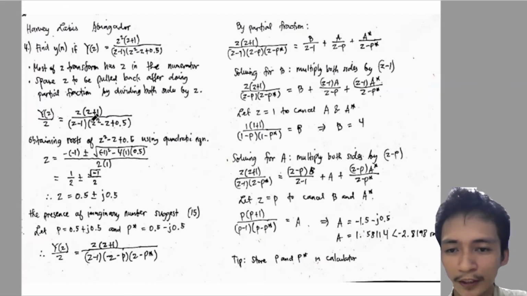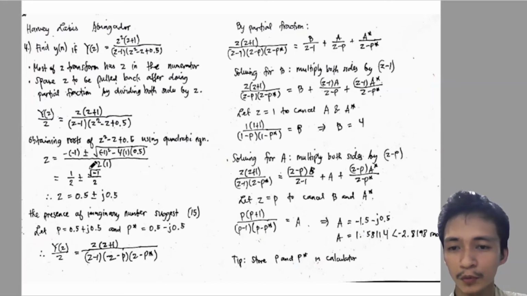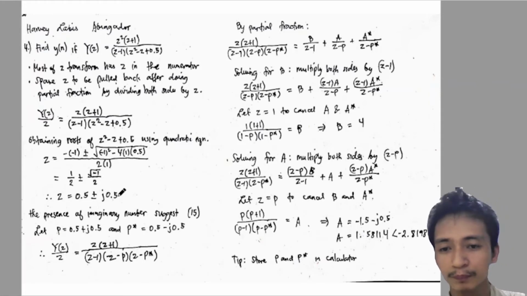Now, for this part, we can just obtain the roots so that we can factor it. Obtaining the roots using the quadratic formula, we get z equals negative times negative 1 plus or minus the square root of negative 1 squared minus 4 times 0.5 over 2 times 1. Solving that, we get z equals 0.5 plus or minus j, because this is the square root of negative 1, and that is j, so j0.5.